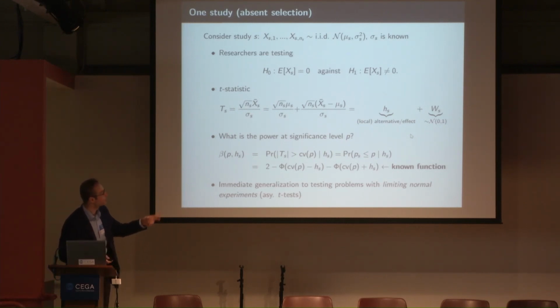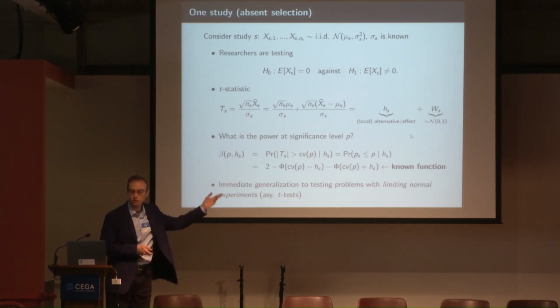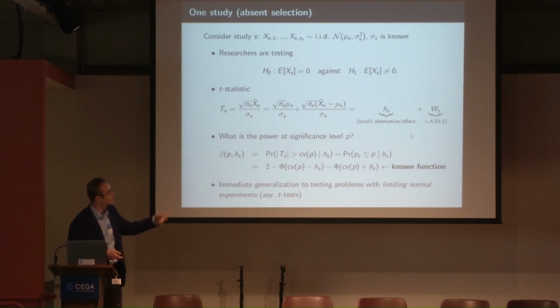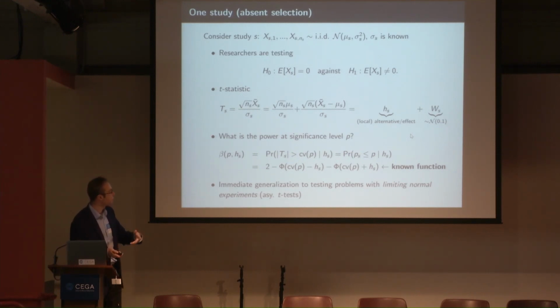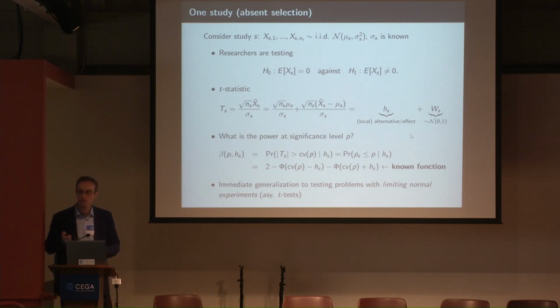The first component is the so-called local alternative, which I'll call H, and the second component is a standard normal noise, which I'll call W. The local alternative comes from the actual effect that researchers are trying to detect, combined with the sample size and the noisiness of the observed data. That's what determines the power of the test for a particular study. The second component, standard normal, reflects sampling uncertainty. This structure allows us to immediately derive the power function for this single study.